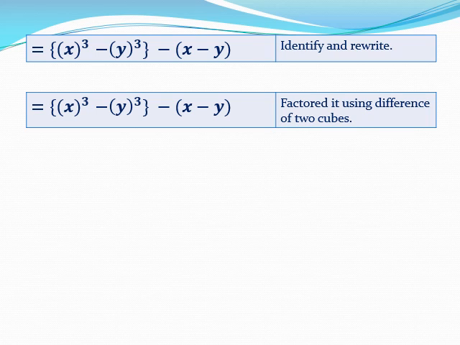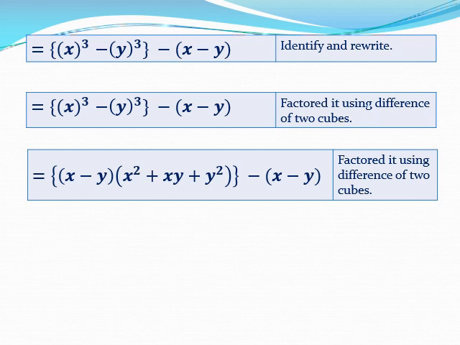Factor using difference of two cubes. As I told you earlier, x cube minus y cube we factor as x minus y times x square plus xy plus y square.